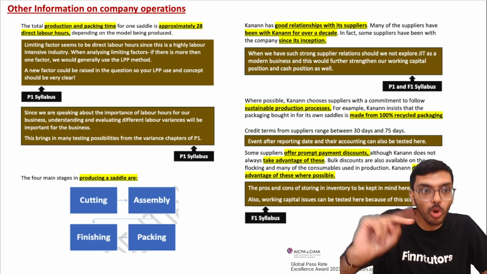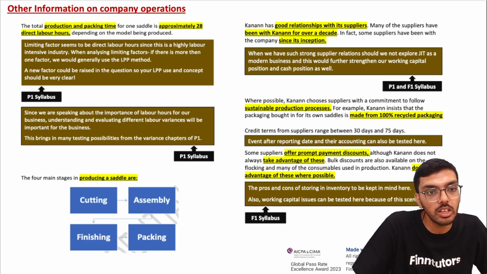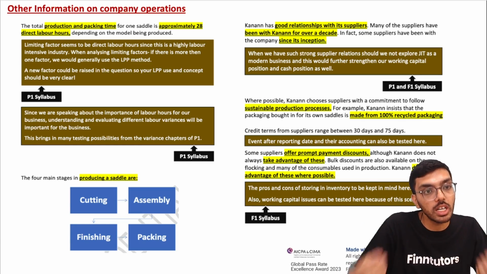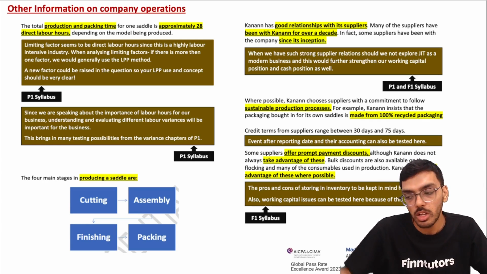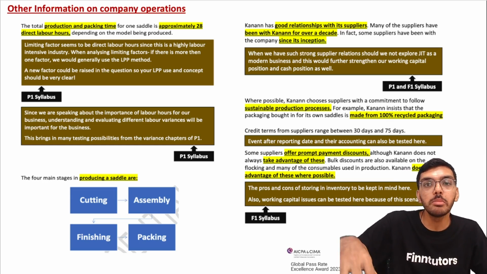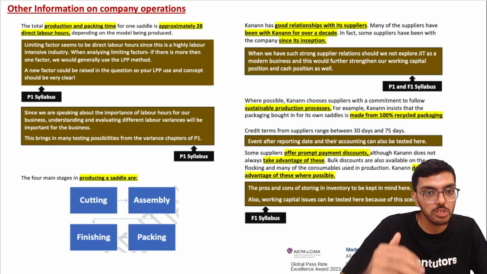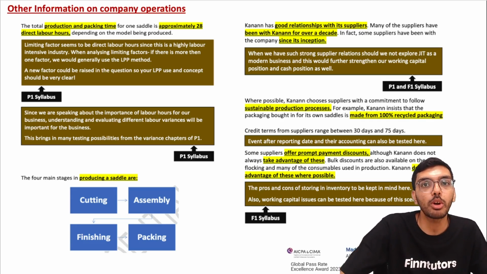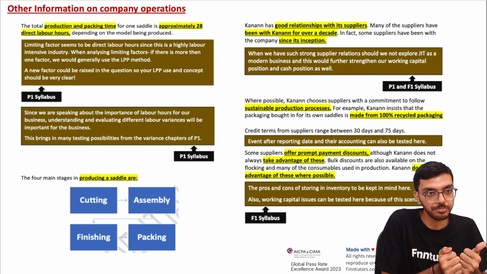So if we have more than one factor, we would generally use the LPP method, the linear programming problem method, to understand which product to manufacture first in times of there being a limiting factor, because you obviously want to make the product which is more profitable for your business. You obviously want to make the product which is going to give your business the greatest return first.